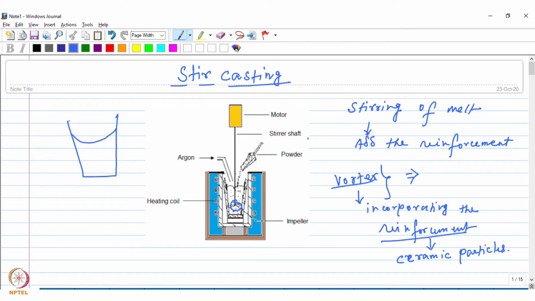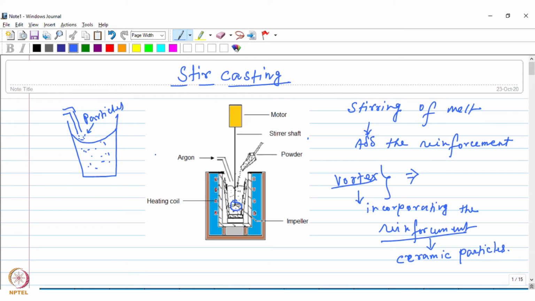If you slowly add the particles along the periphery of the vortex, then these particles will be sucked into the liquid metal because of the suction of the vortex. These particles will be dispersed into the liquid metal, and once they are dispersed uniformly, the metal is poured, and once it is solidified, you will get a composite material.